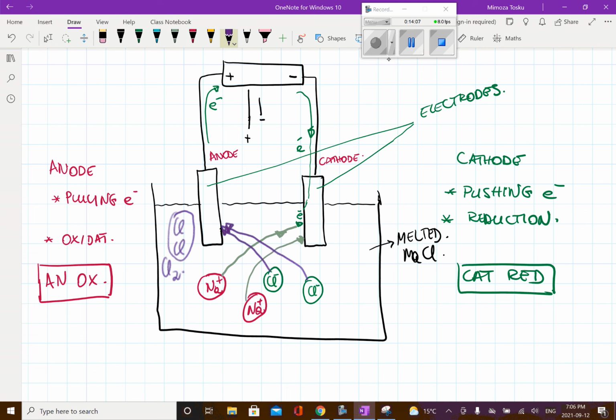Now, a question may be what is the minimum potential difference of the battery that will make this possible.